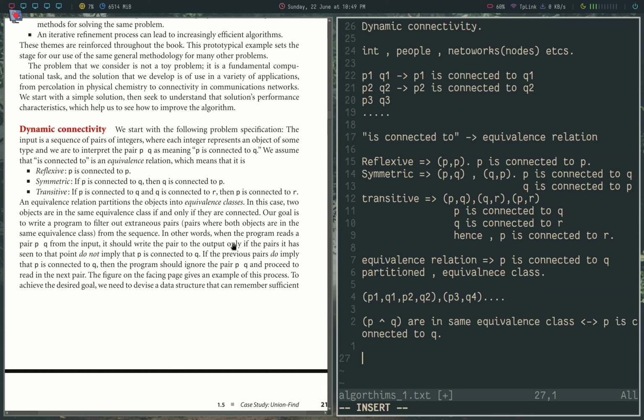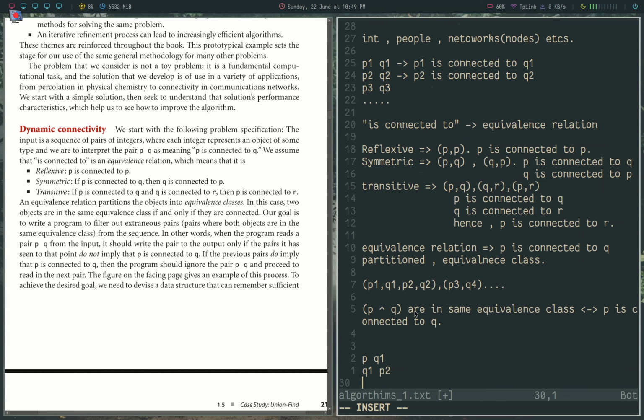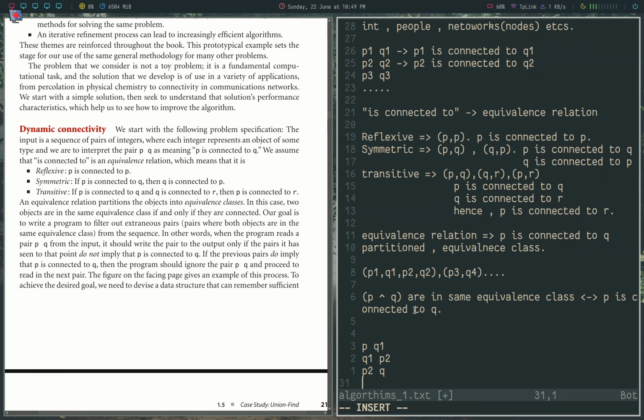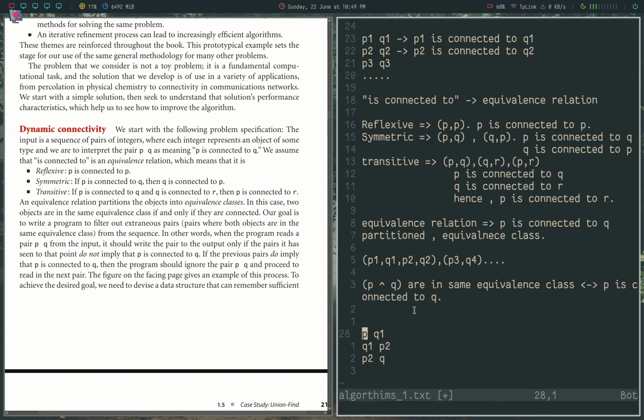It should write the pair to the output only if the pairs it has seen to that point do not imply that P is connected to Q. What this basically means is, let's say you have been given a sequence of pairs such as P, Q1, then Q1, P2, and P2, Q. If we have been given just these three pairs, there is no relation until the third line that P is connected to Q.